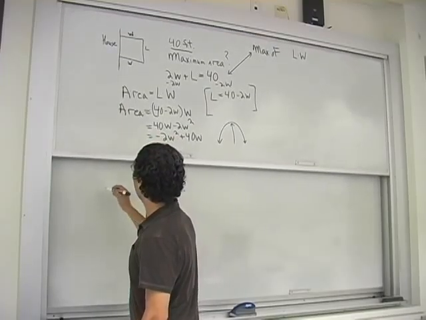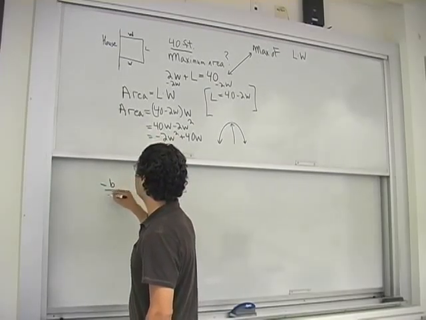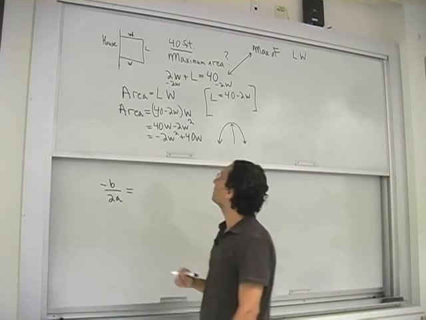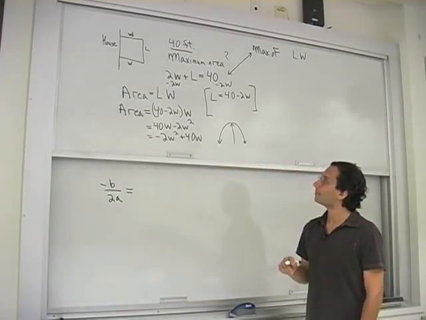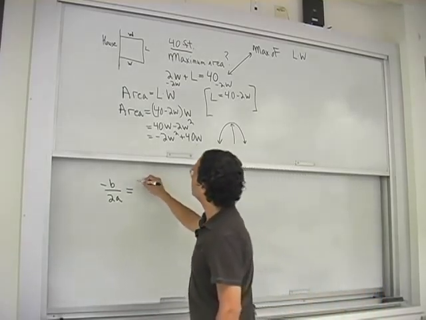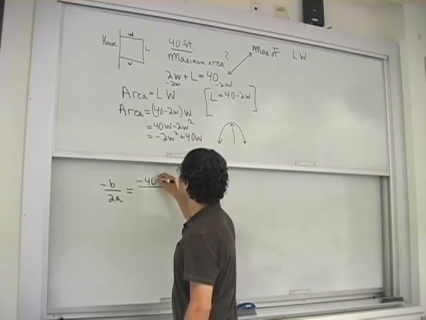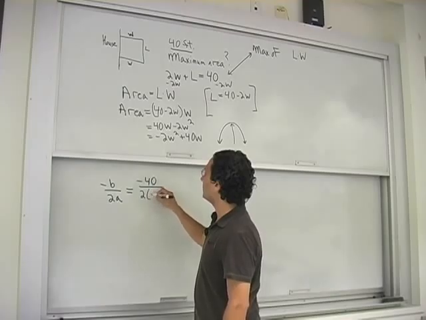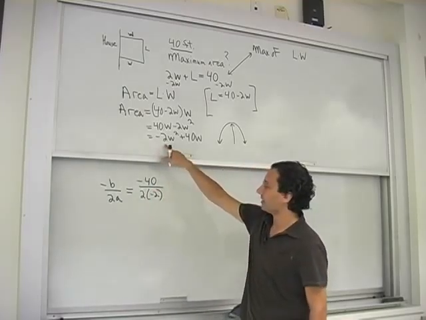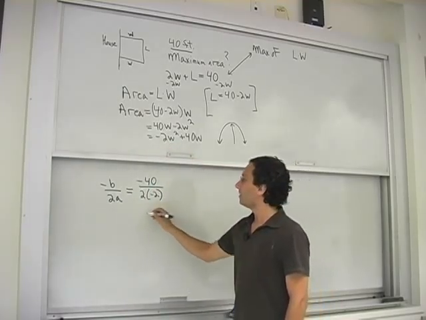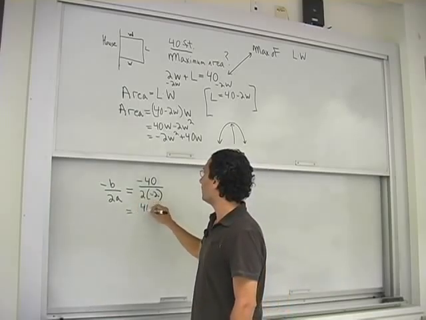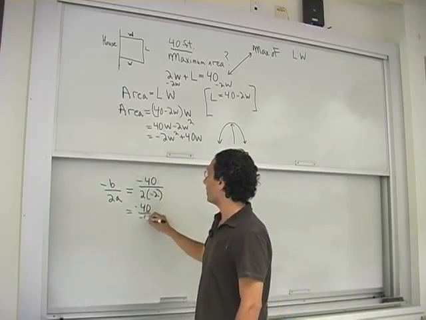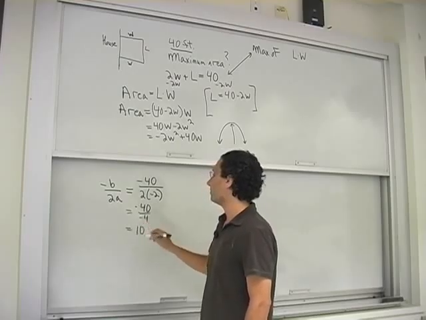We use the vertex formula, which is minus B over 2A. Minus B in this case is minus 40. 2A in this case is 2 times negative 2. A is negative 2. Let me simplify this to get negative 40 over negative 4, or 10.